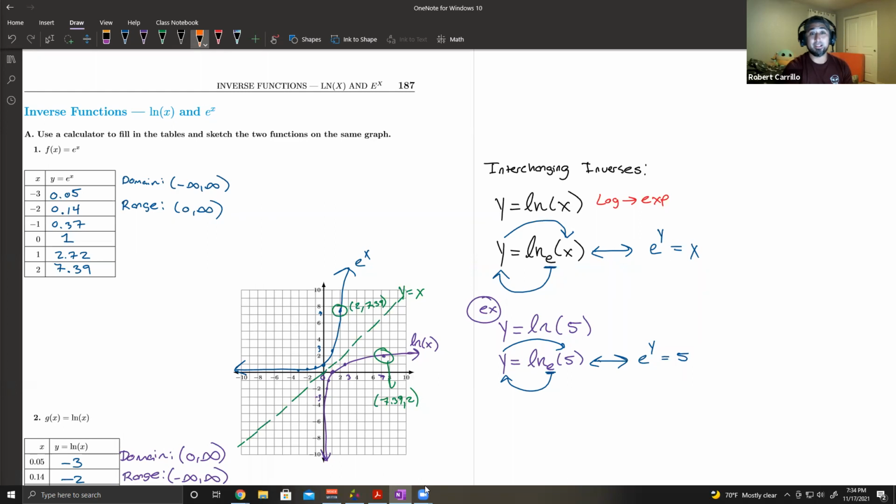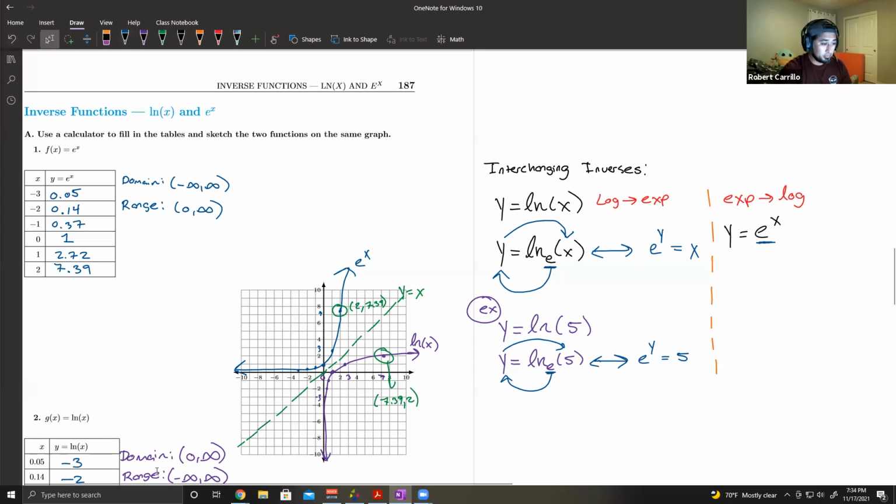Now, let's look at converting from exponential back to log. I'm going to start with this function: y equals e to the x. To convert from exponential to logarithm, the base of the exponential function becomes the base of the logarithm.